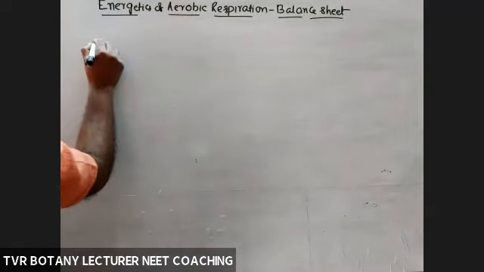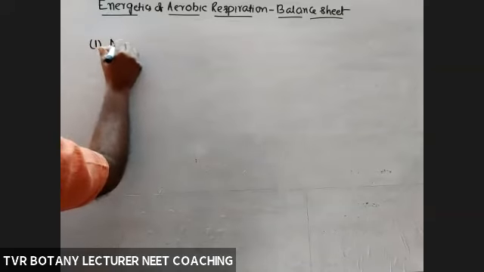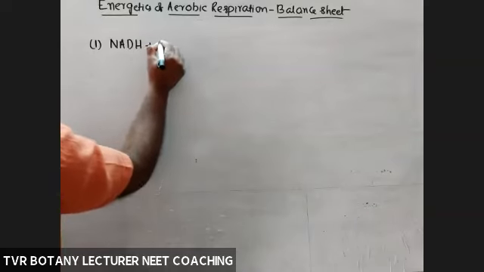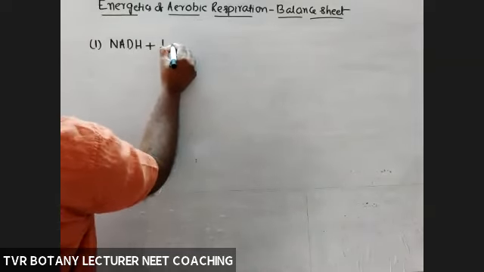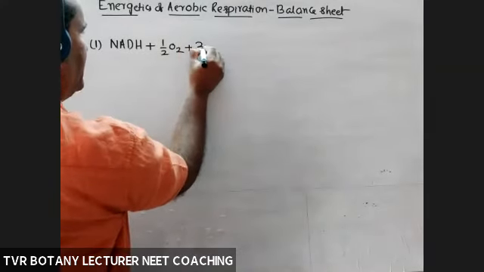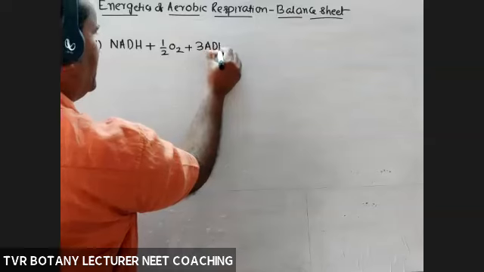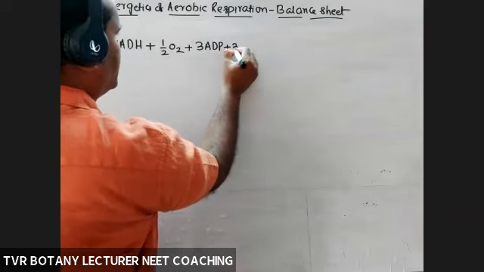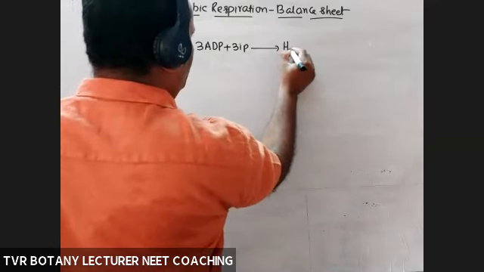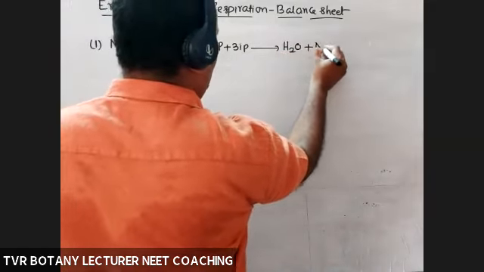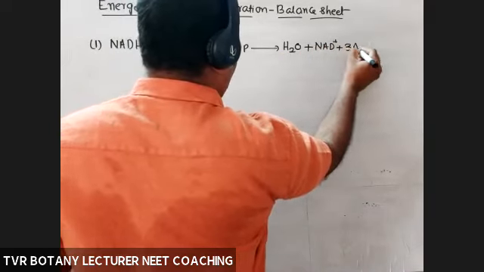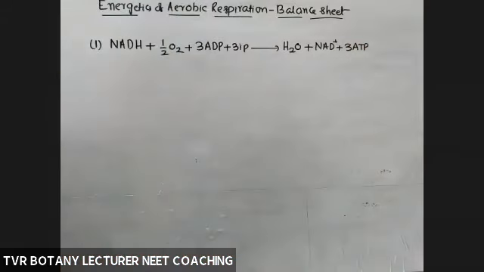So take oxidation of one molecule of NADH. One molecule of NADH plus half O2, plus 3 molecules of ADP plus 3 molecules of inorganic phosphate gives rise to 1 molecule of H2O plus 1 molecule of NAD, oxidized form, plus 3 ATP molecules.